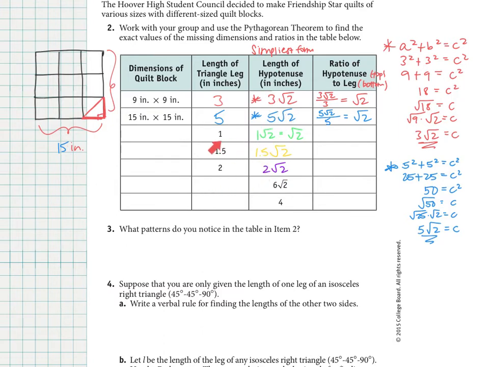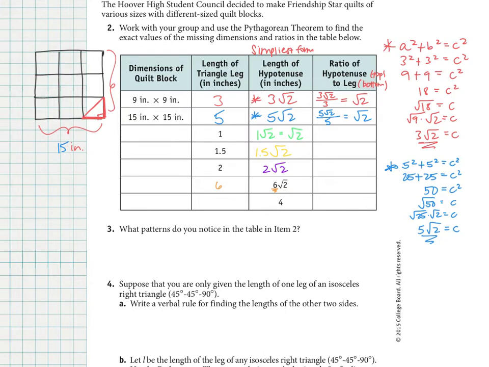So maybe we can fill in, hey, what is our leg going to be? For this last one, I think we can fill in what the leg will be. Let me grab a different color. Yes, let's do orange. I think the length of our leg will be 6 because it follows the same pattern, that whatever number is in front will be the length of each of the 2 triangle legs.